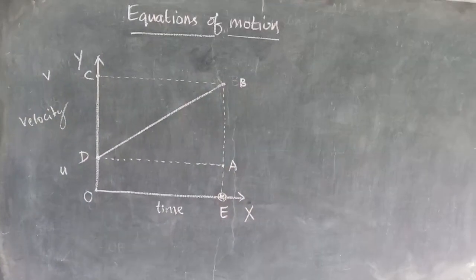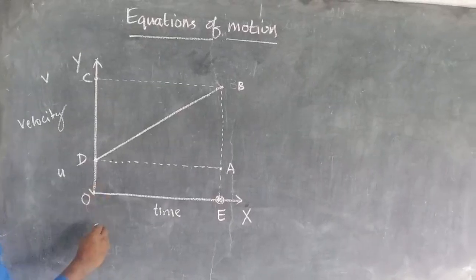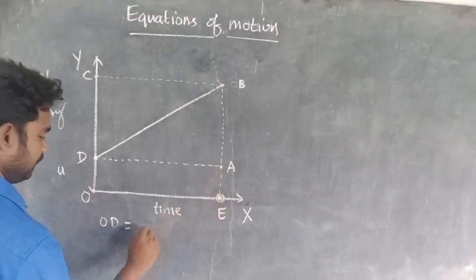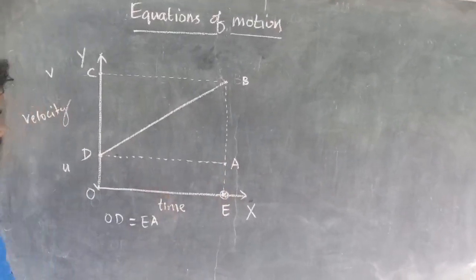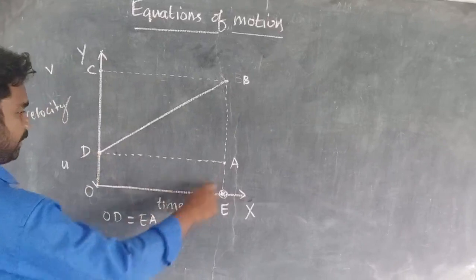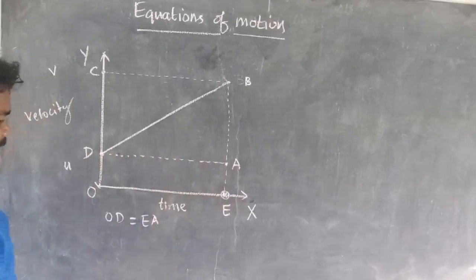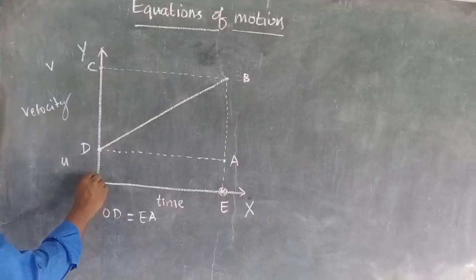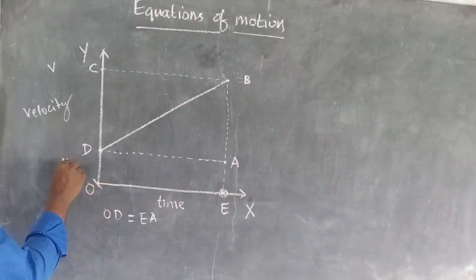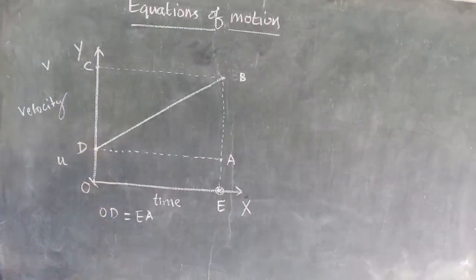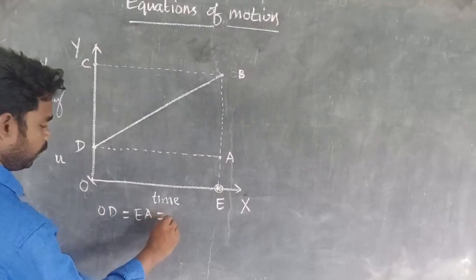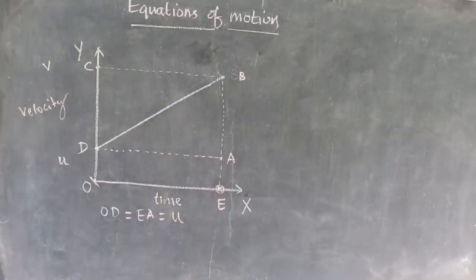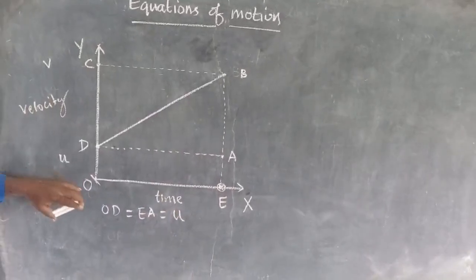Okay. Now the distance OD is equal to EA because it's a rectangle, opposite sides are equal, so OD is equal to EA. I already told you this is the initial velocity u, so OD is equal to u as well as EA is equal to u. Like that we can have the final velocity here.